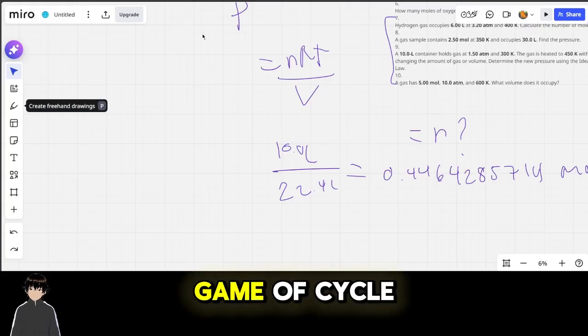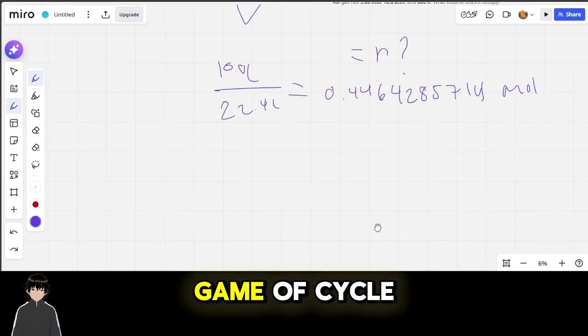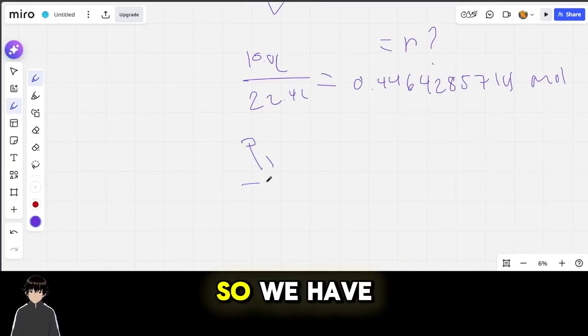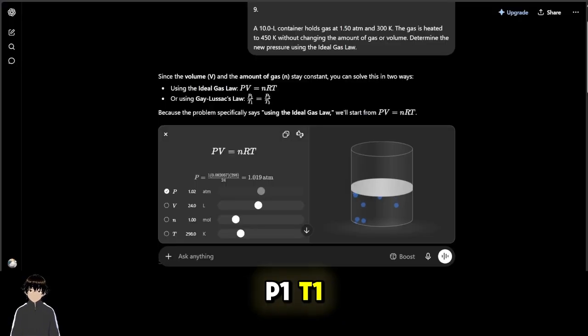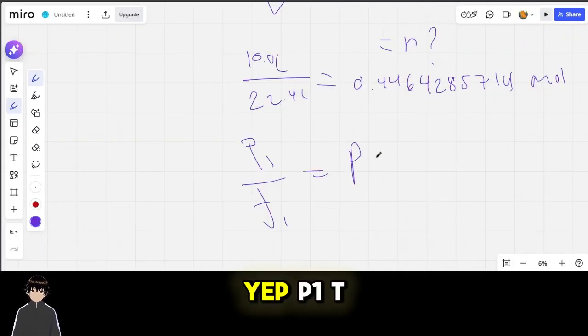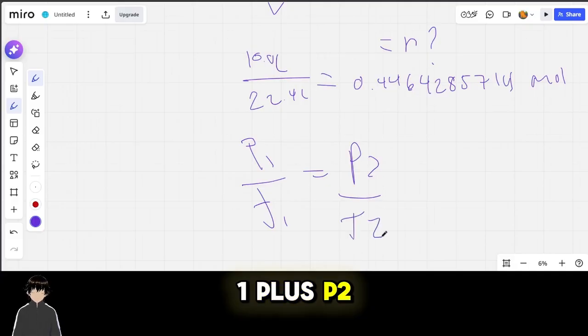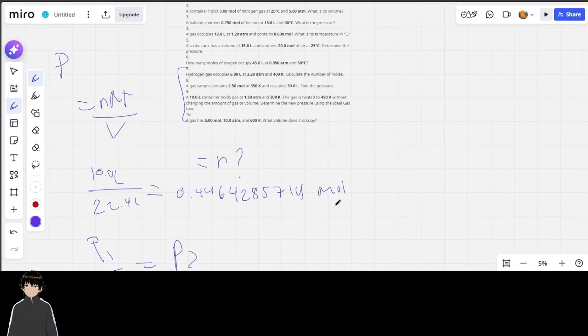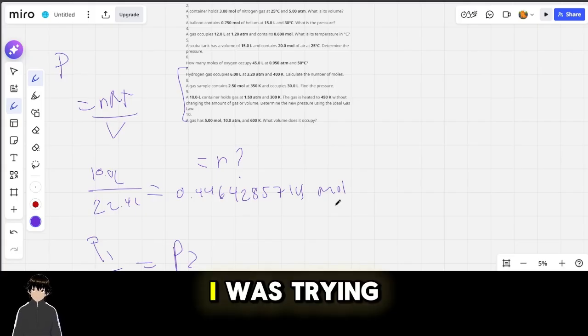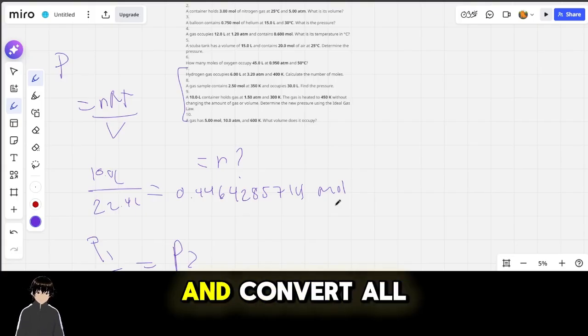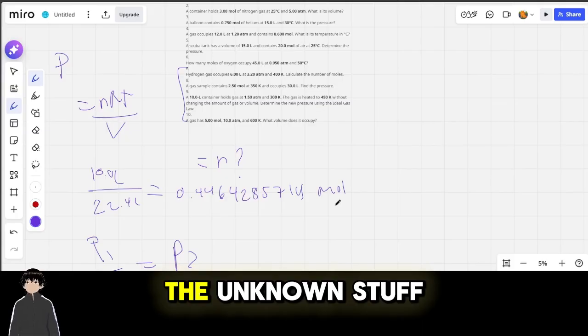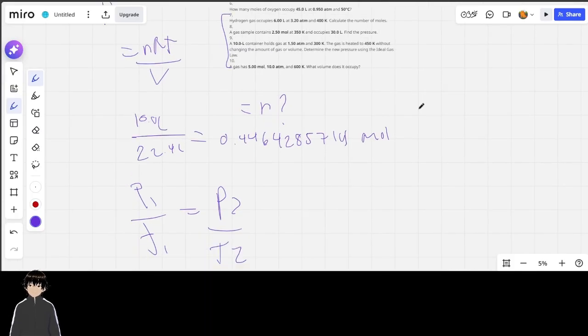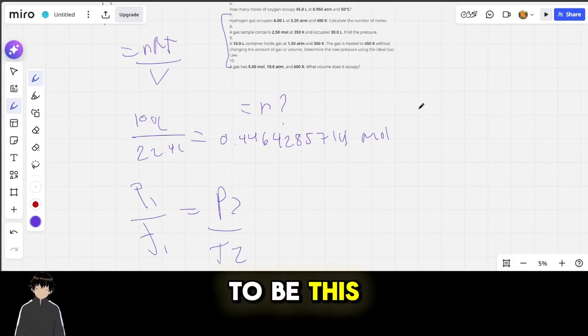I think I'll just use the Gay-Lussac law, because this is really just a Gay-Lussac law problem. So we have P1, T1 and P2, T2. I was trying so hard to solve it and convert all the unknown stuff, only for this to be this.